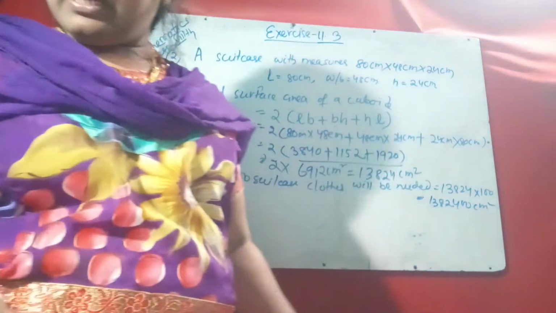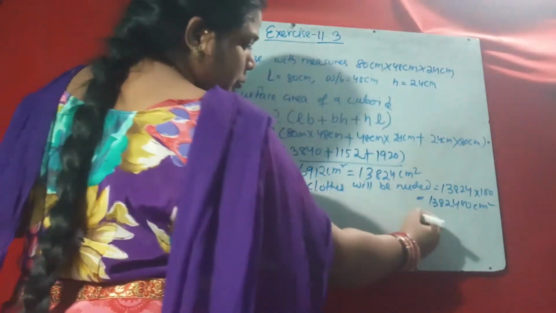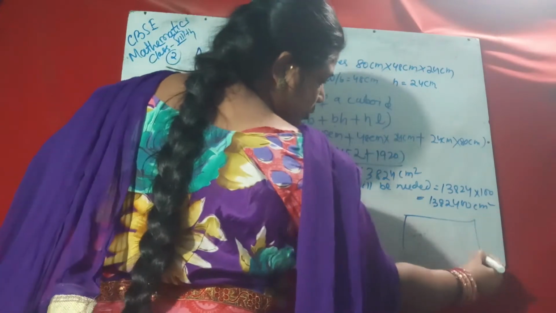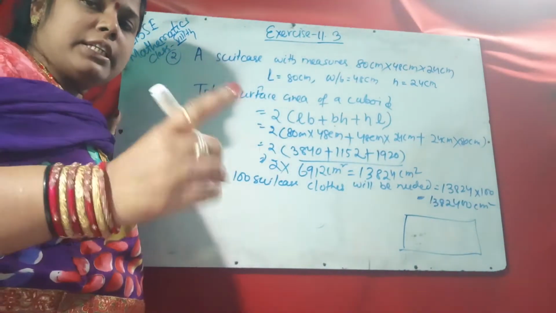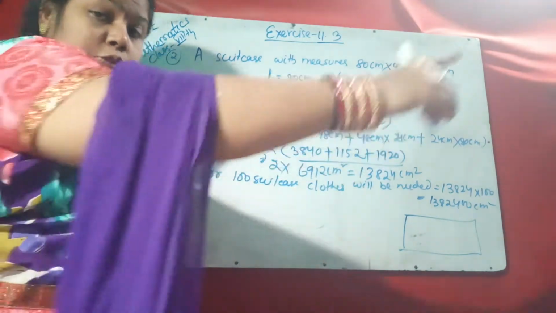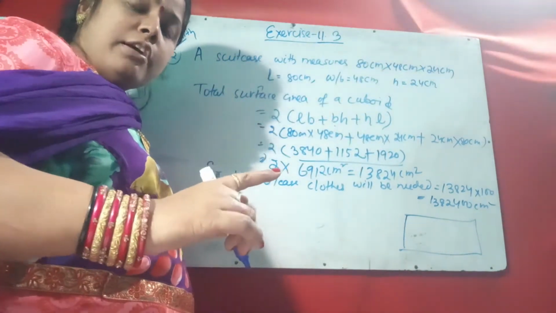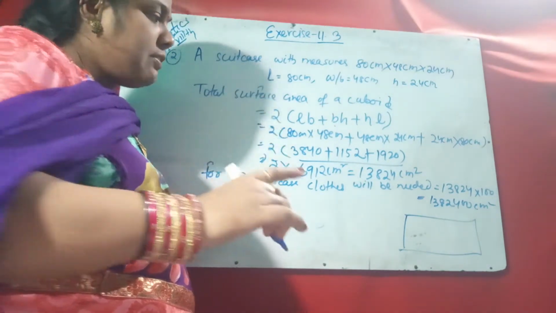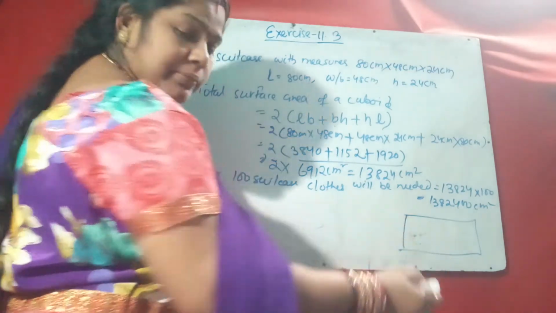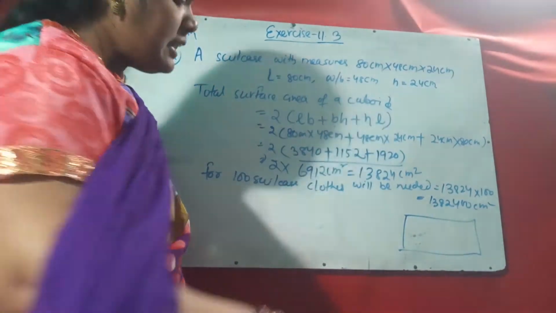Suppose a cloth is always in rectangular shape and you cut it into pieces to make the covers of the 100 suitcases. So the complete area of a rectangle is given, and its width is given.